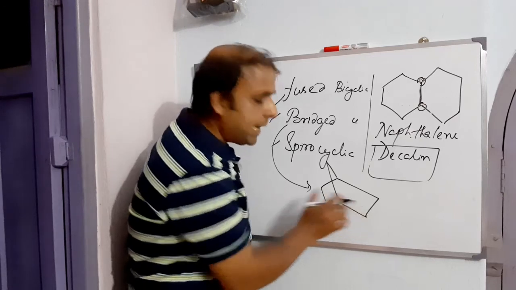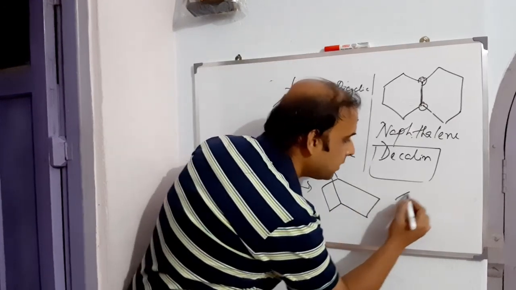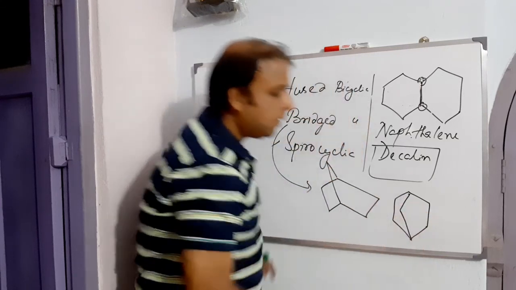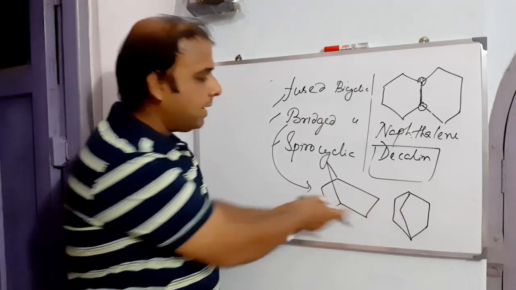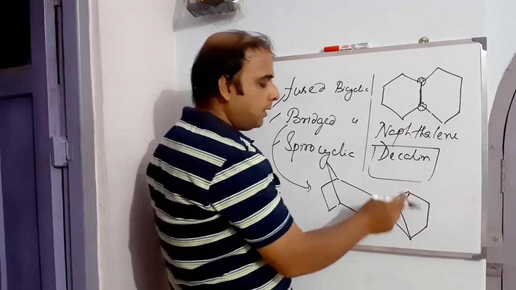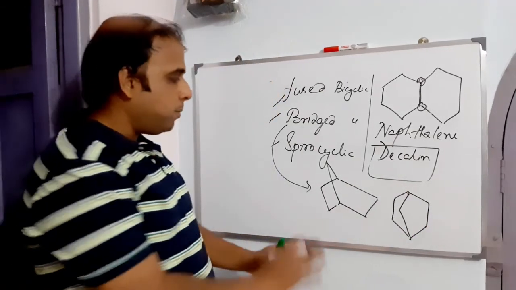Here also there are two cycles. If we simplify it, it is something like this. It is the same thing: here also 1, 2, 3, 4, 5, 6, 7, and here also 1, 2, 3, 4, 5, 6, 7. So all are the same.